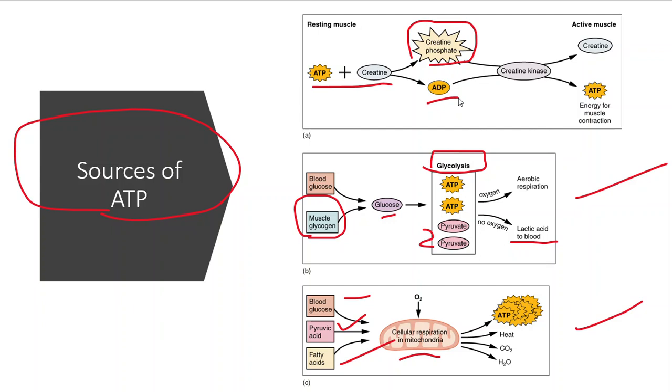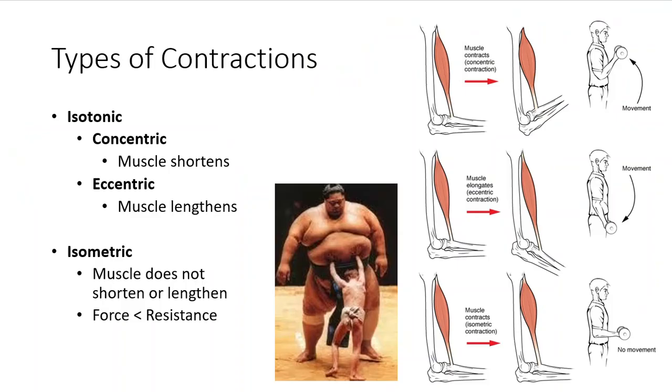We come up with an ADP, and this creatine kinase is going to be able to take that ADP and an inorganic phosphate group and make it into ATP and turn it back into creatine, which is right here. So this is just a third pathway to make ATP that the muscles can do themselves.